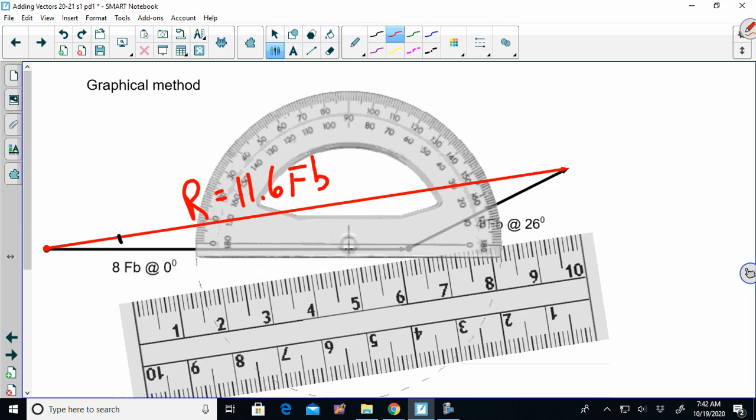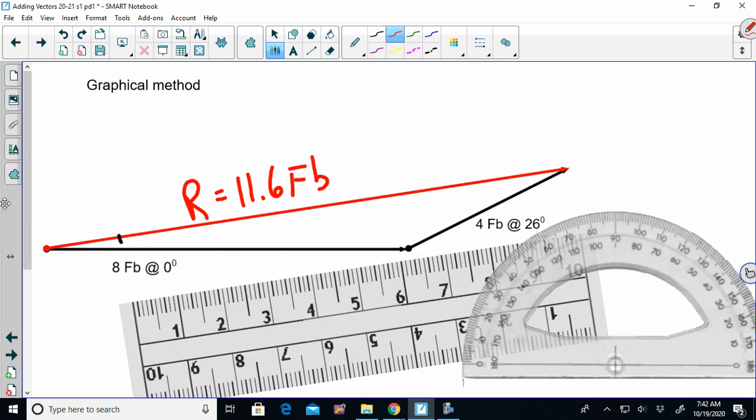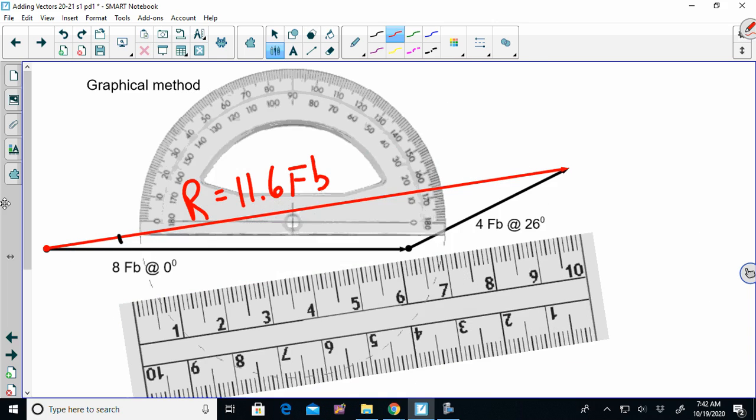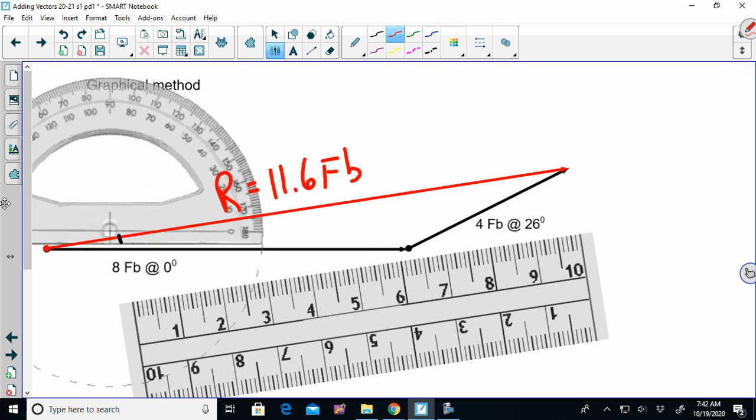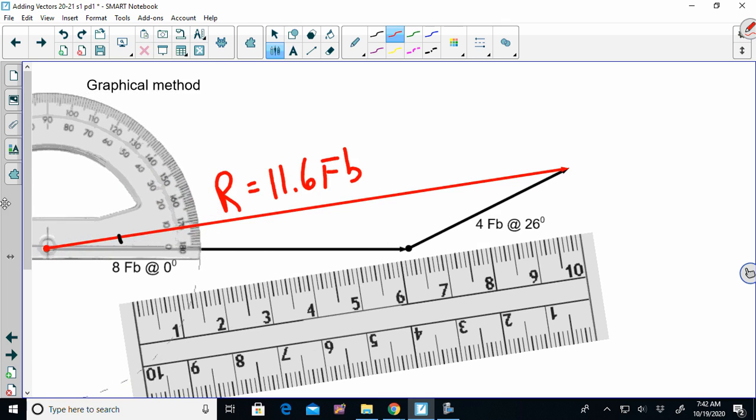And I measure the angle. Come on, protractor, come on over here. I measure the angle at, looks like, 8 degrees.